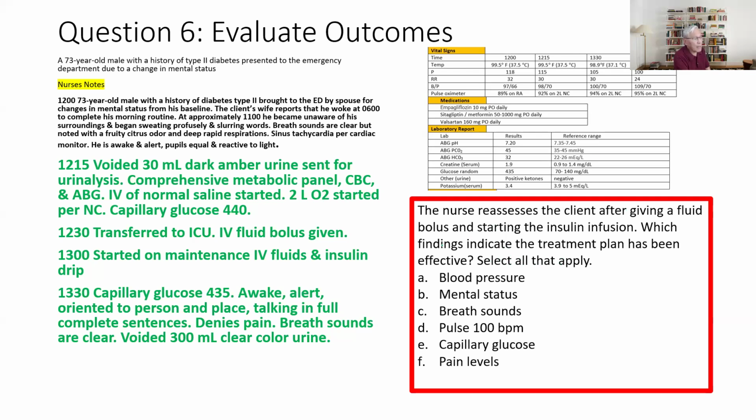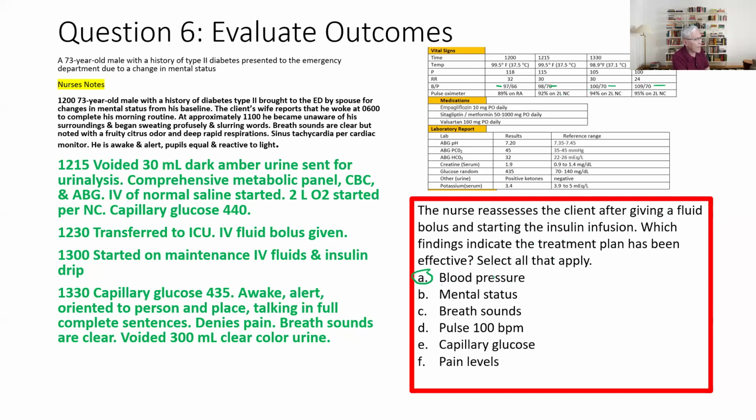Is the blood pressure an indication that the patient's fluid is being addressed? Yes, right? You remember the blood pressure was 97. The reason he's hypotensive is because there's not enough fluid, and now you're going to give fluids. That means it will improve the blood pressure.